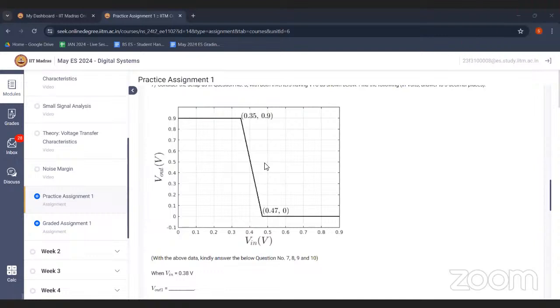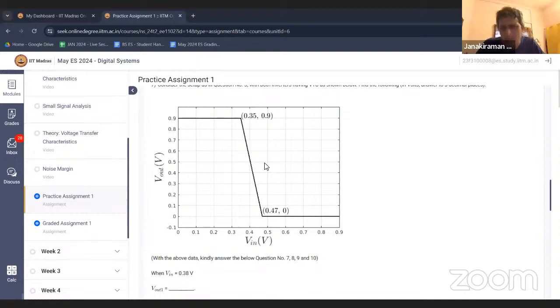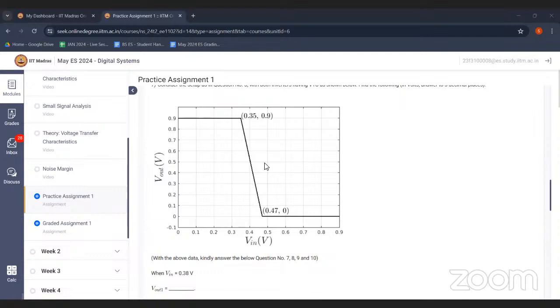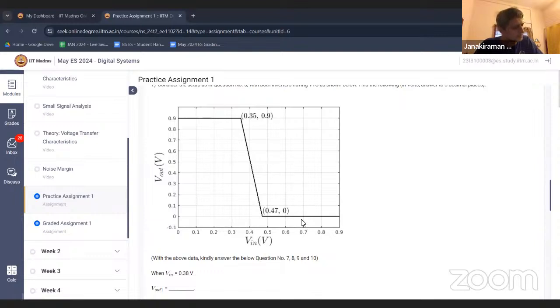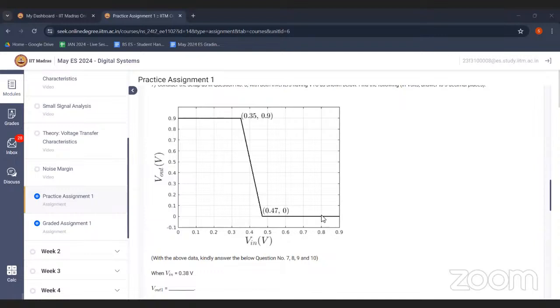So around 0.7. Around 0.7, it doesn't matter. Now, if to the second inverter 0.7 is the input, what will be the output? 0. Exactly.